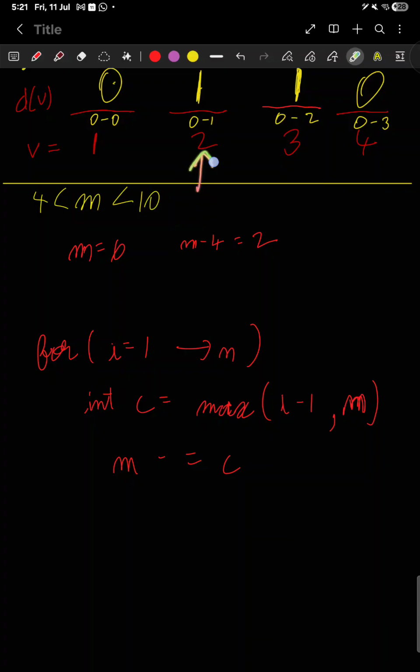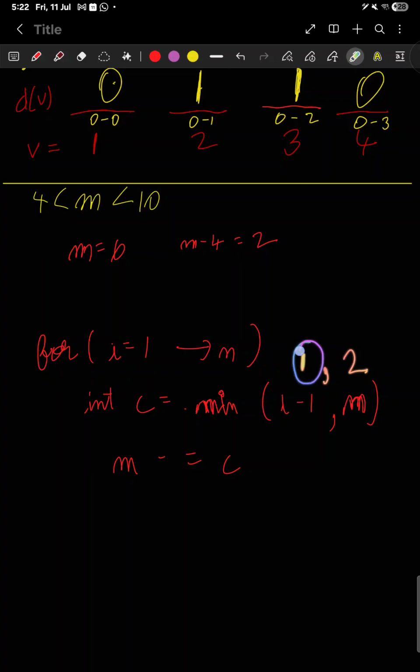For the second iteration, the value of I would be equal to 2, and this I minus 1 would be equal to 1, and m would be equal to 2. So actually here it should be min instead of max. Yeah, so for I equals 2, I minus 1 would be equal to 1, and this would be equal to 2.